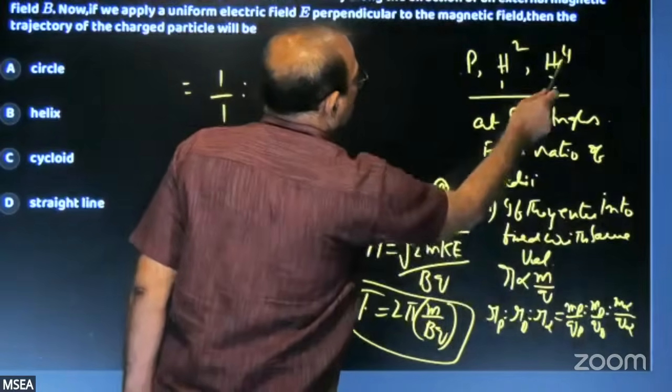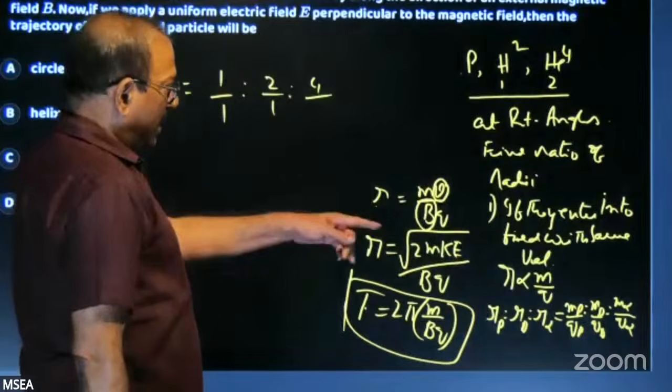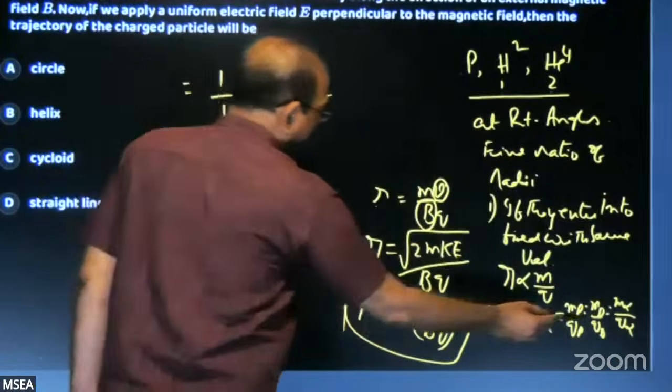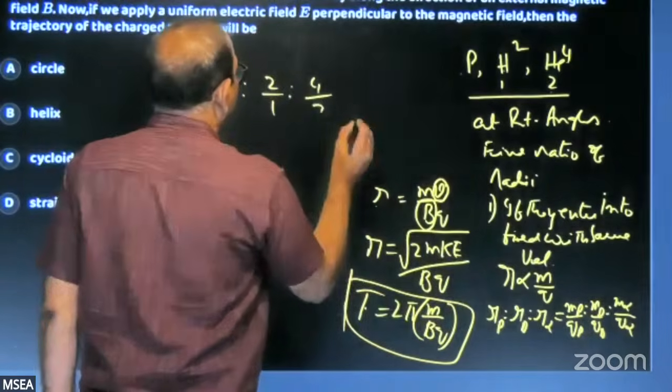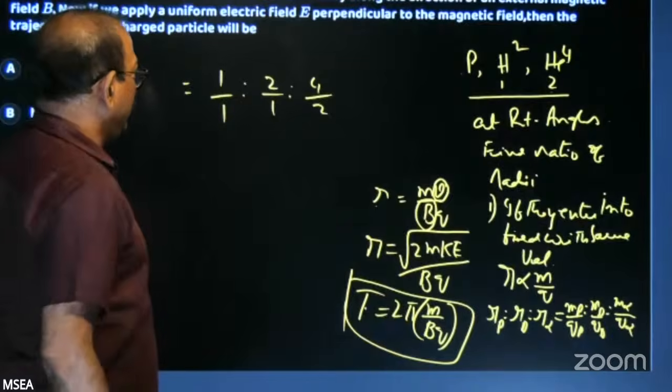Alpha particle mass is 4 times more than the proton, but its charge is 2 times more, since there are 2 protons in the alpha particle. So the charge of alpha is 2 times the proton charge. You'll get the ratio. Very important.